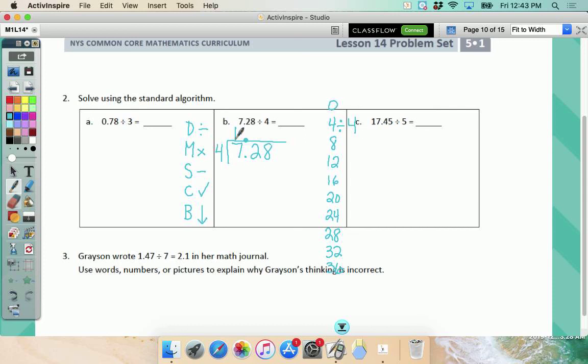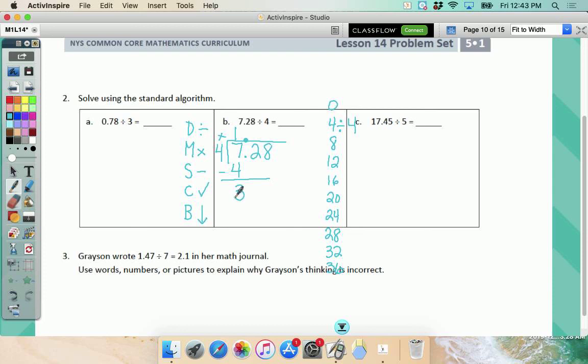So I write the 1 above the 7. That's the division step. Okay, Aubrey, now what? Multiply. So what do I multiply? The 4 and the 1. What do I get? 4.